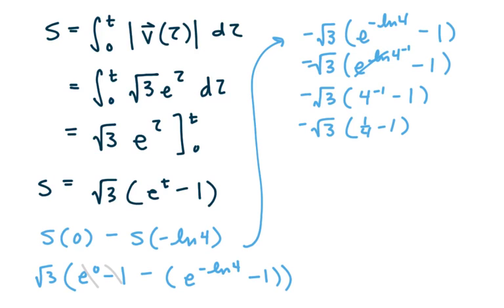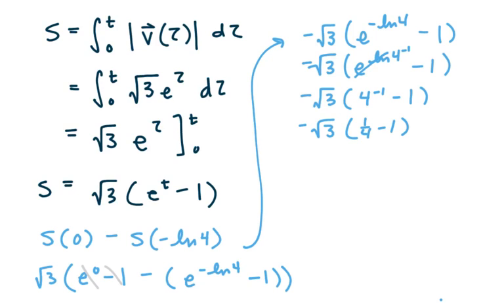So 1/4 minus 1 is negative 3/4. So I end up with positive 3 root 3 over 4. And 3 root 3 over 4 is the length on our curve, on our position vector, from t equals negative natural log of 4 to t equals 0.